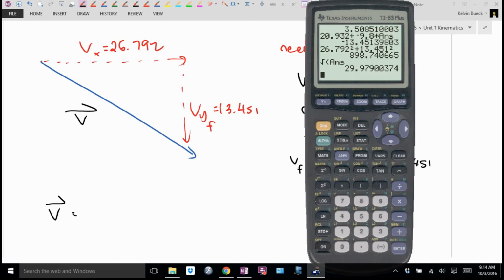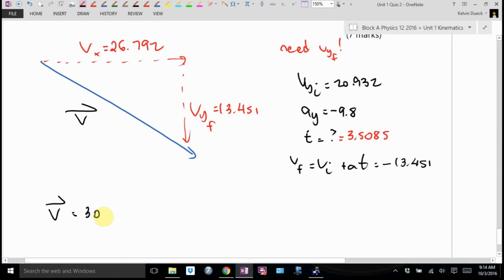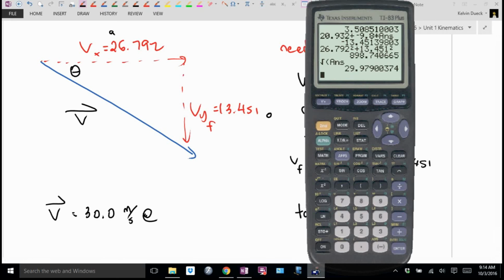I can't round to 29.9, so it's going to be 30.0 meters per second at, and there's my theta, opposite, adjacent, tan theta equals 13.451 over 26.792.